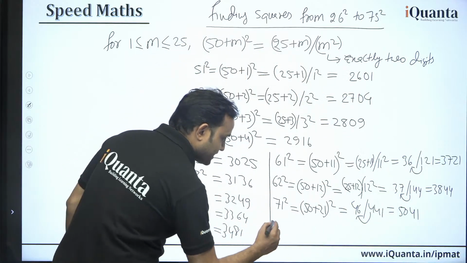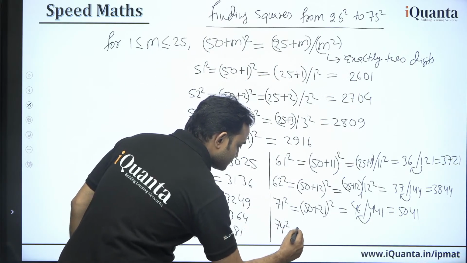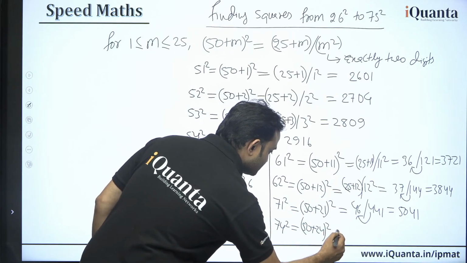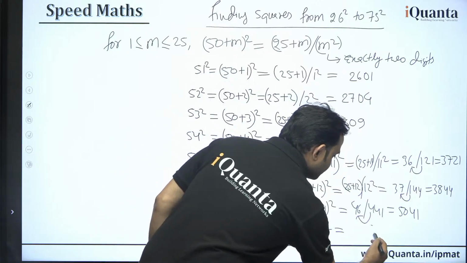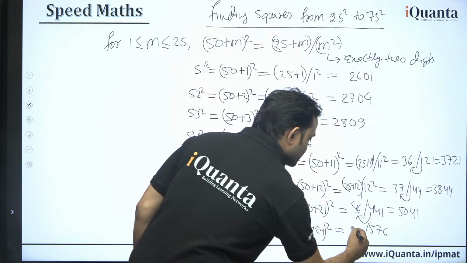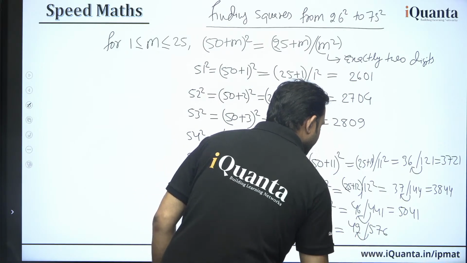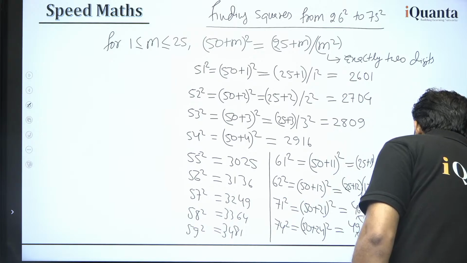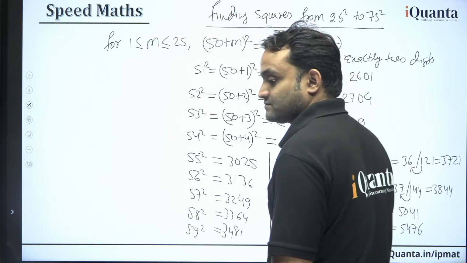What will be 74 square? 74 is 50 plus 24 square. 24 square is 576. 25 plus 24 is 49. So this 5 will come here. This will become 5476. All right.